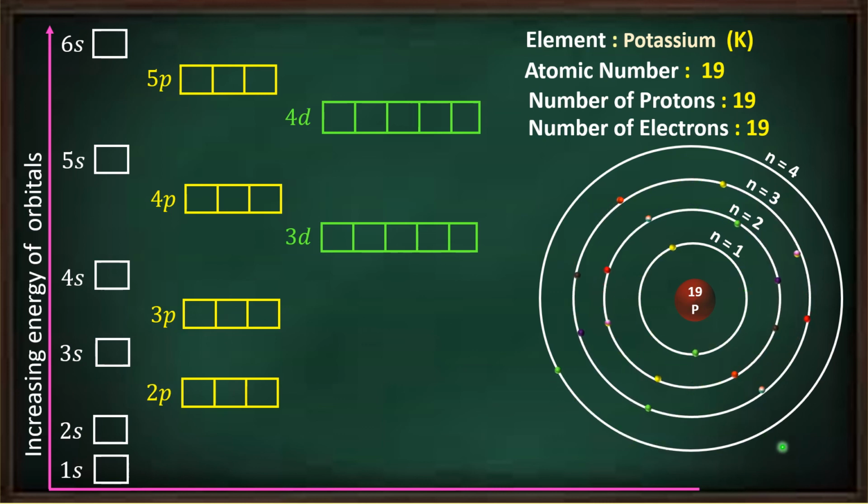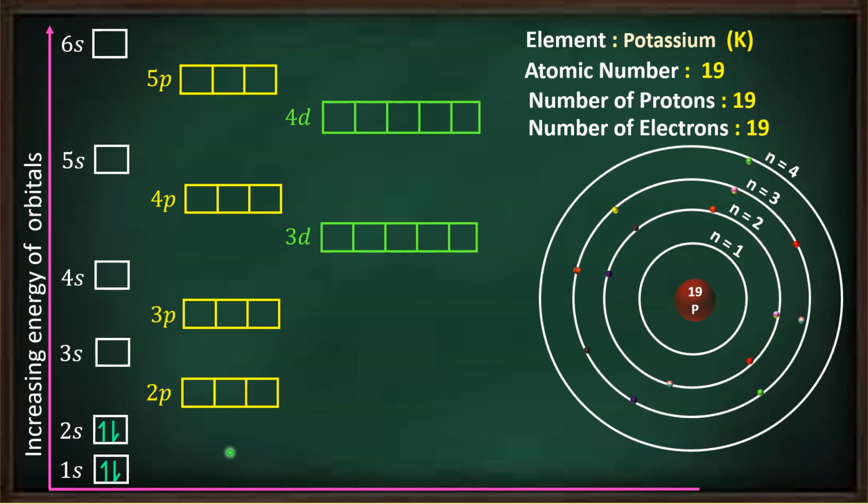Okay, so first electron occupies 1s orbital. Second electron also occupies the same orbital. Next, third electron occupies 2s orbital. Next, fourth electron, say this one, pairs up with this electron, isn't it?